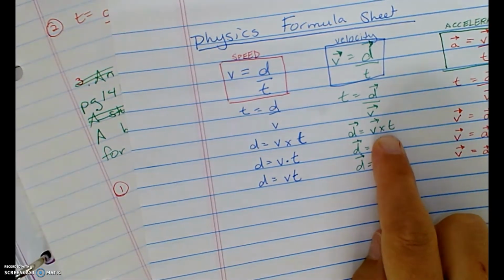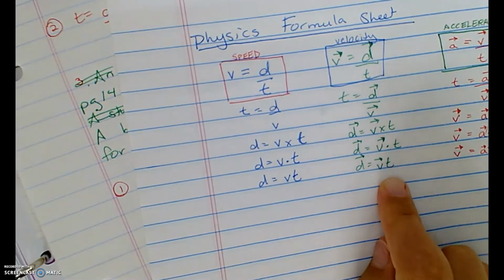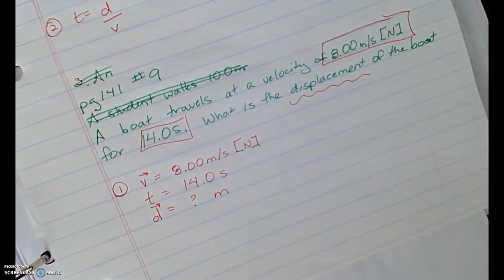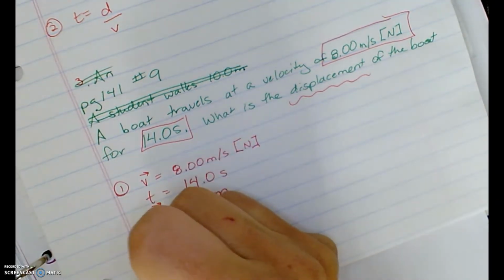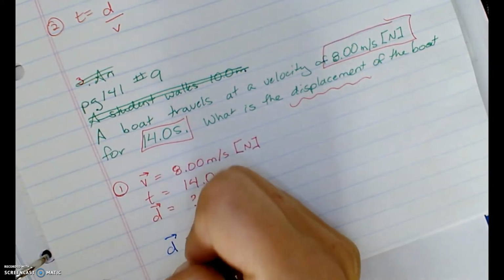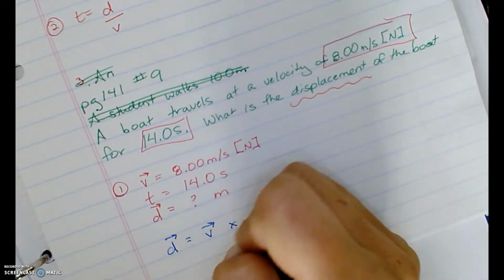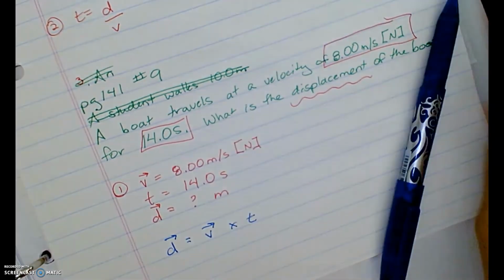Okay, and it doesn't matter if you write it with a little x or a dot or side by side. Those all mean to multiply. So let's do it. Displacement was velocity times time. That was step 2.